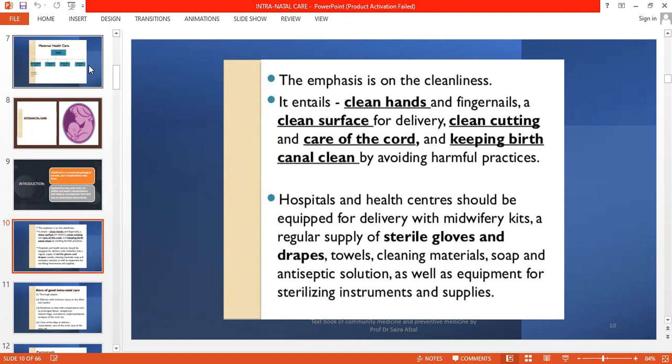Hospitals and health centers should be equipped for delivery with midwifery kits, a regular supply of sterile gloves and wraps, towels, cleaning materials, soap, and antiseptic solution, as well as equipment for sterilizing instruments and supplies.